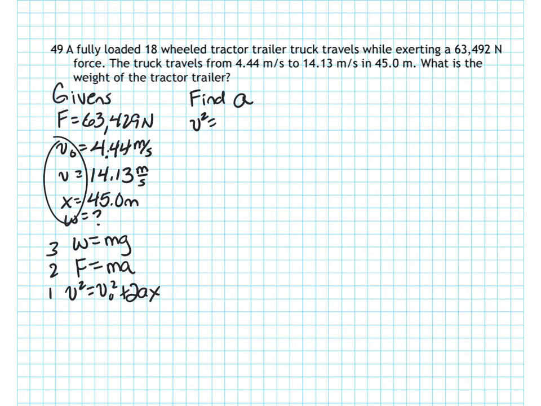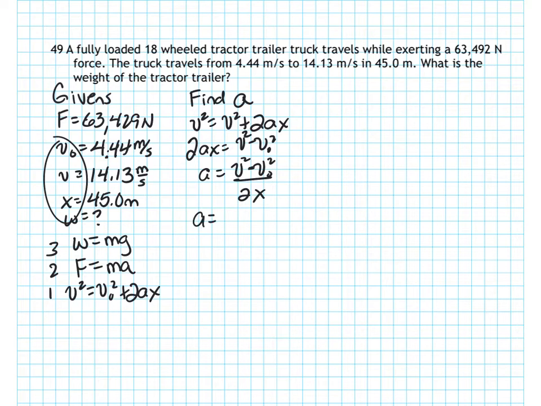So v squared equals v naught squared plus 2ax. And then I'll solve this for a to isolate it. So 2ax is equal to v squared minus v naught squared. So a is equal to v squared minus v naught squared, all divided by 2x.